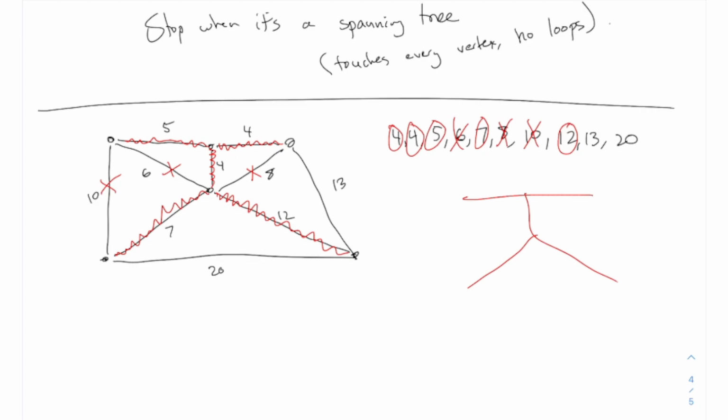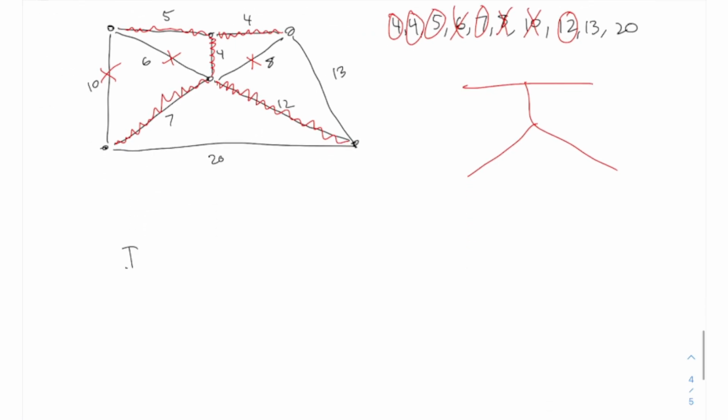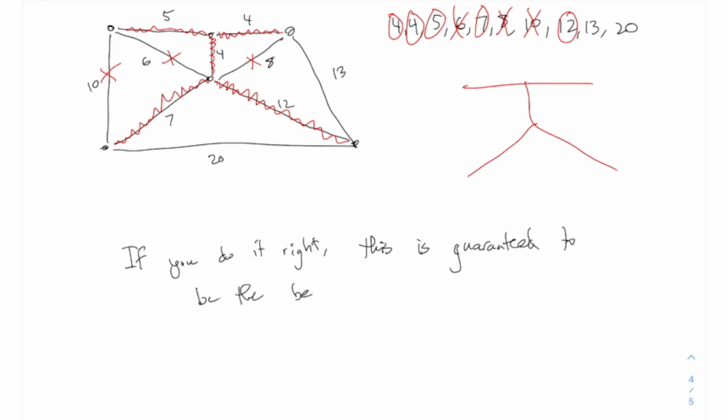All right. Great. This is how you find a spanning tree using the sorted edges. One great thing about this is, if you do it right, this is guaranteed to be the best spanning tree.